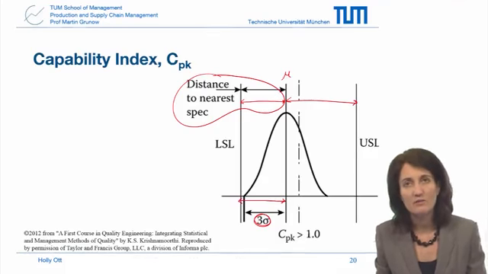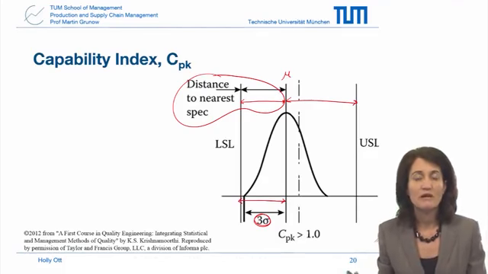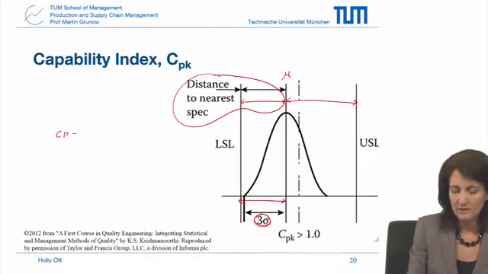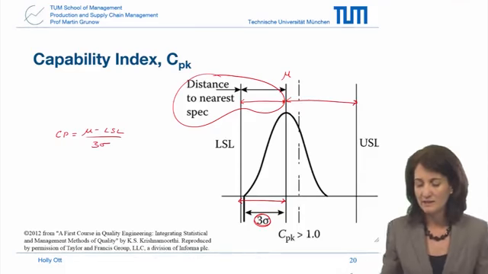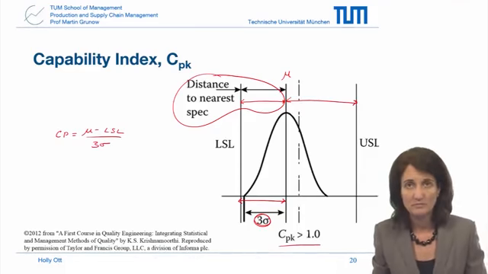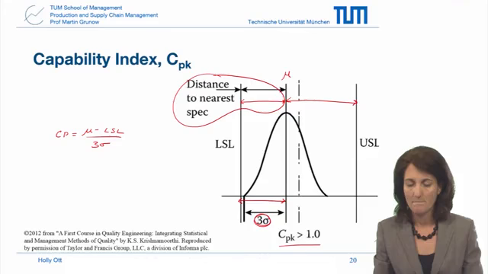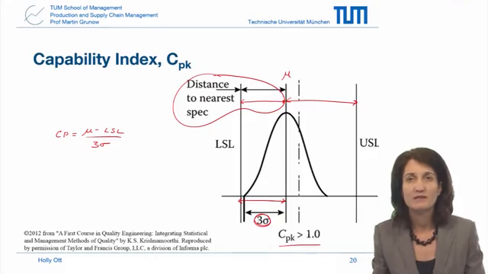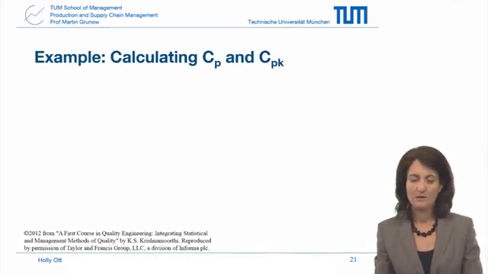So even though we're off center, we have such well-controlled variability that our CPK, which in this case would be mu minus the lower spec limit over 3 sigma, would still be greater than 1. The CPK is giving us the most critical value.